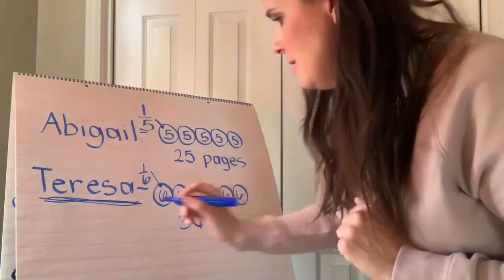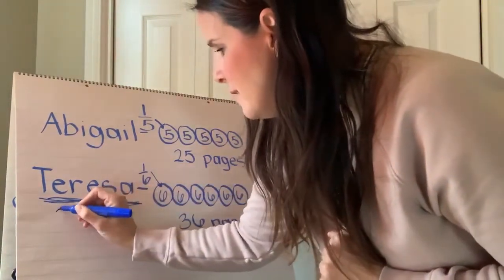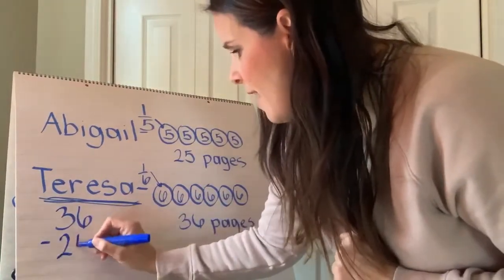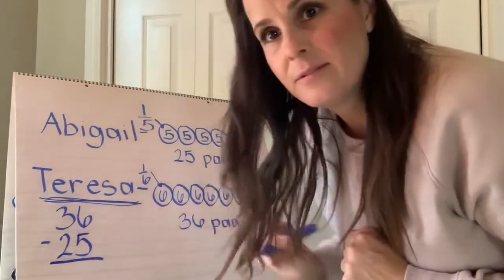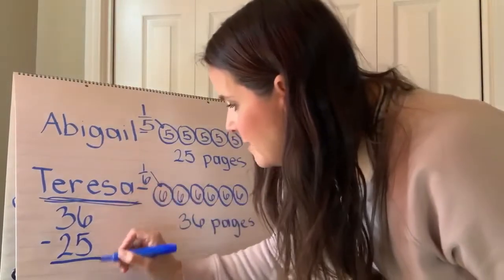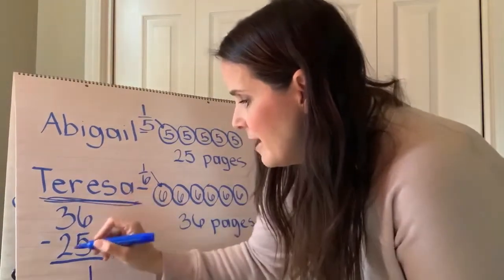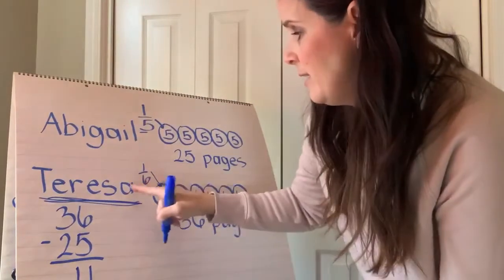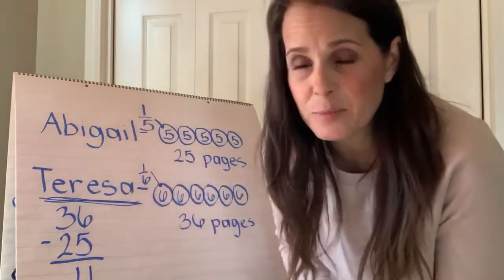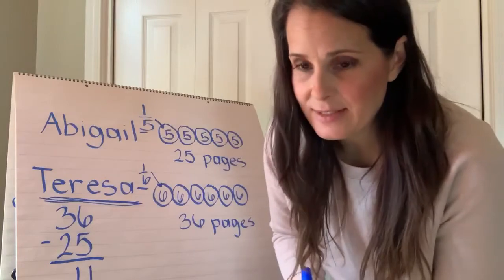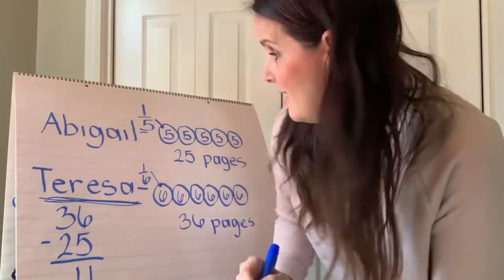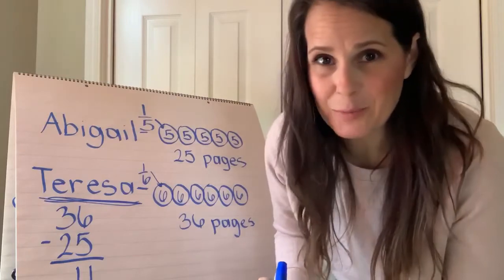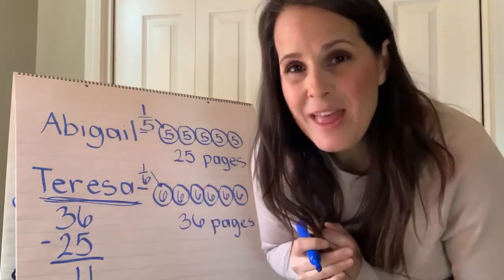So we'll subtract 36 minus 25, right? 6 minus 5 is 1. 3 minus 2 is 1. So the difference between Teresa's book and Abigail's book is 11 pages. The answer would be Teresa's book had 11 more pages than Abigail's book. Hope that helped.